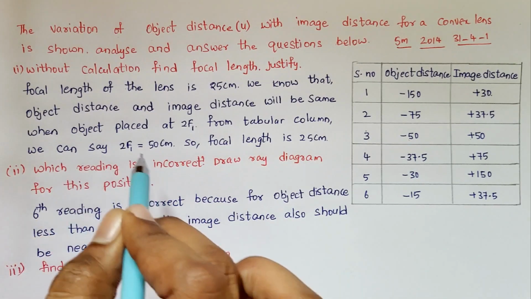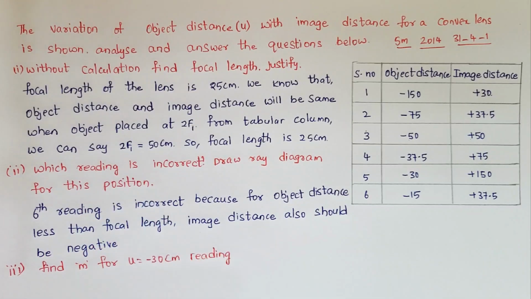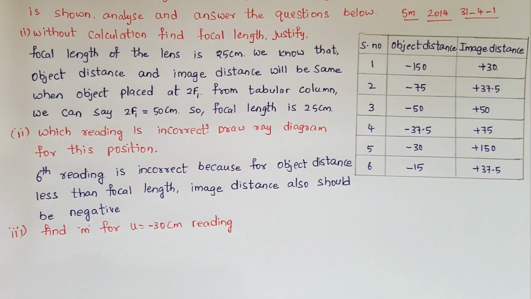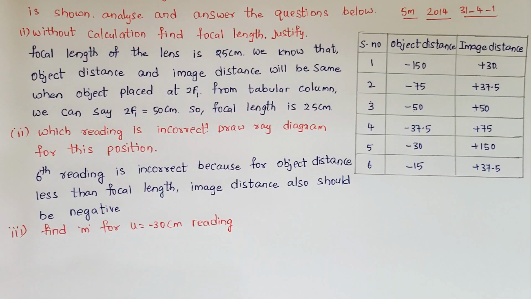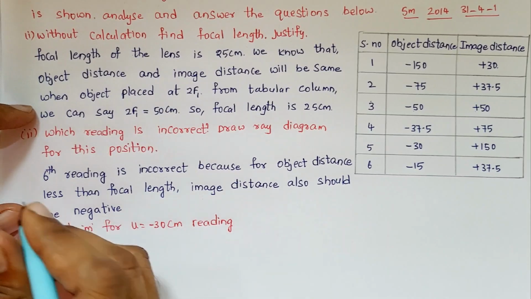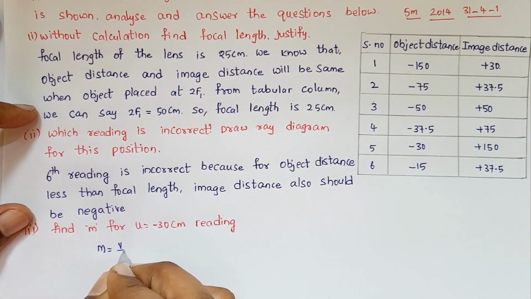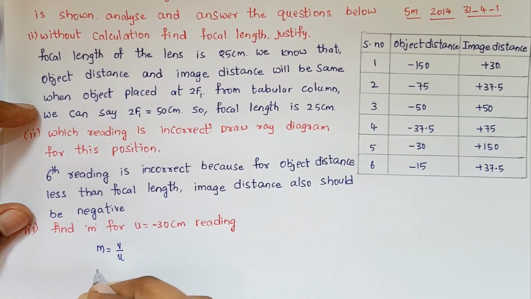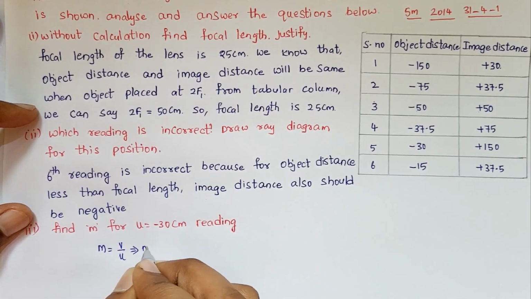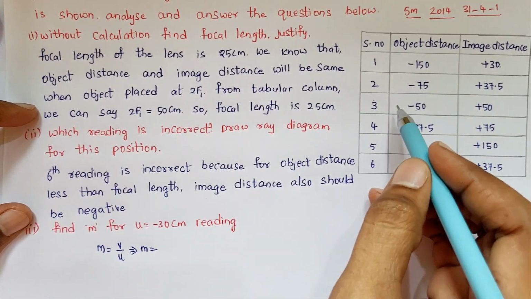They asked you to draw the ray diagram also. We'll draw the ray diagram soon, right now. But let me answer the one more question they asked. They asked to find the magnification value for the u is equal to minus 30 reading. So what is the formula? This is a convex lens. In a lens, the magnification formula is m is equal to v divided by u. We have to find m, which implies m is equal to v by u. u is equal to minus 30.